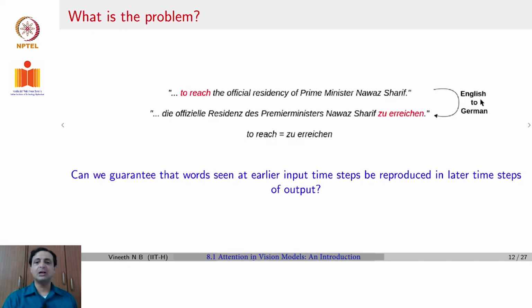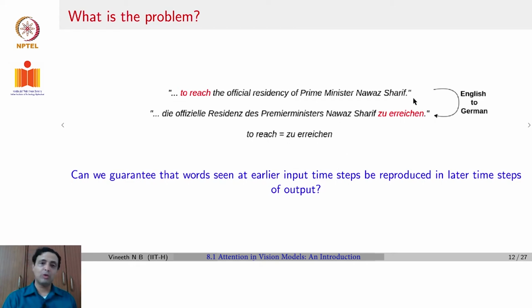So if you considered a sentence such as this one here, which has to be translated to German, can we guarantee that words seen at earlier time steps will be reproduced at later time steps?